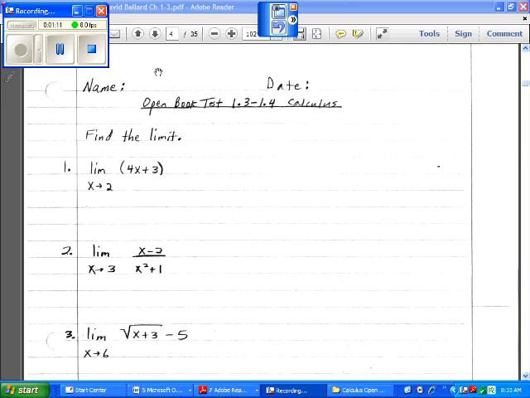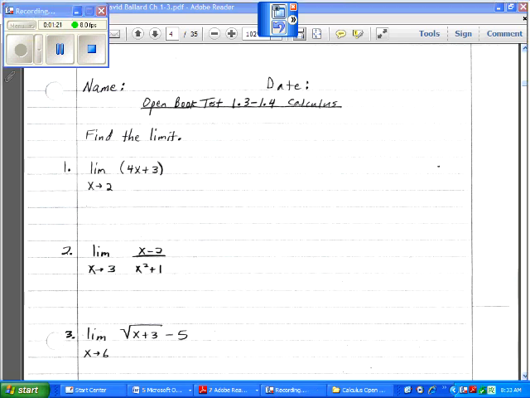Looking at number one, we know that it's a polynomial function over the set of all real numbers, so it's everywhere continuous. Because it's everywhere continuous, the limit is the same as the function value.